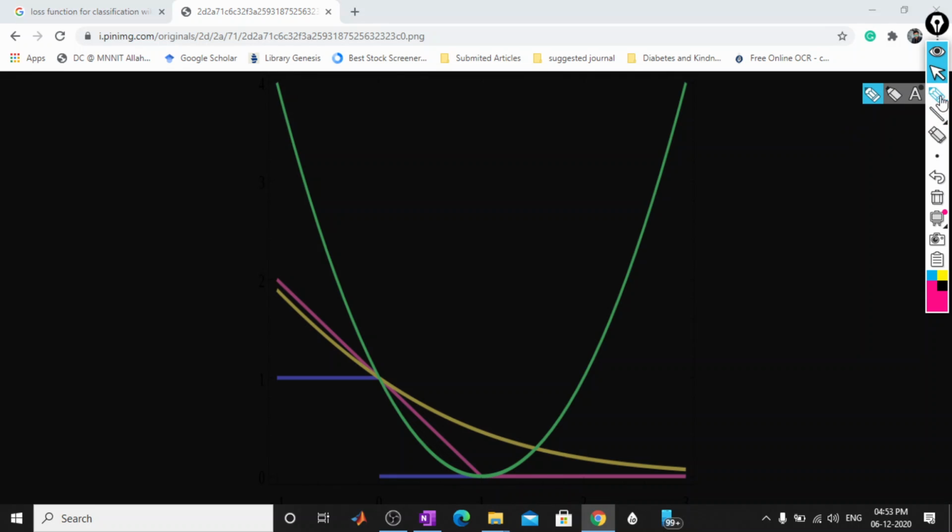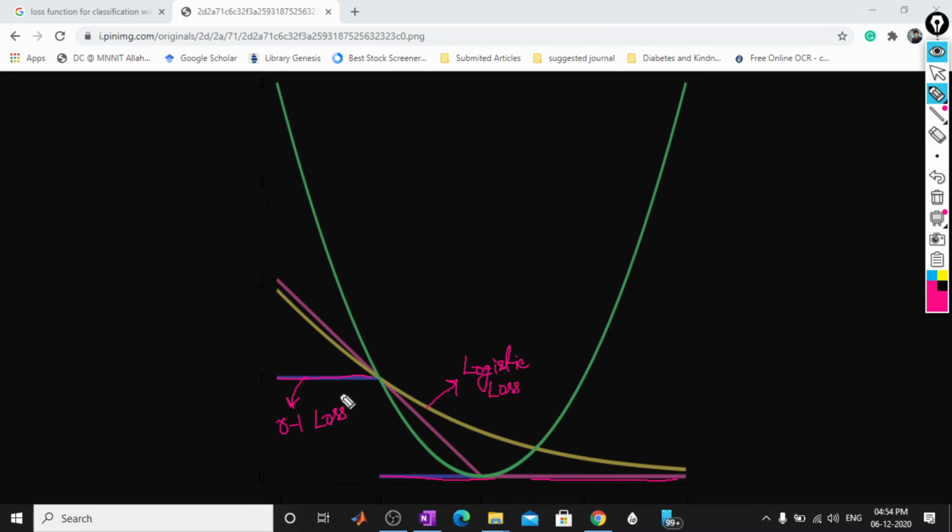This line is our 0-1 loss, and this yellow line is simply our logistic loss function.